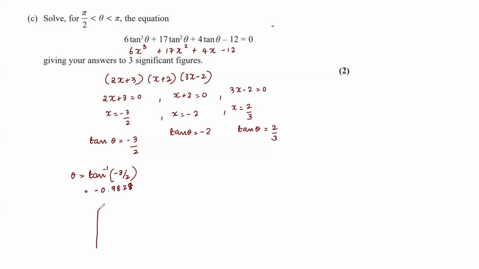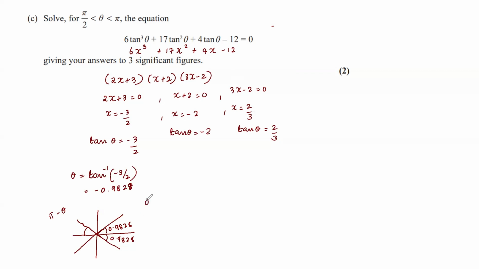Now, using the CAST diagram, this is 0.9828. This will also be 0.9828. But we need the value in the second quadrant, that is pi by 2 to pi. So we know that in the second quadrant, the angle representation is pi minus theta.